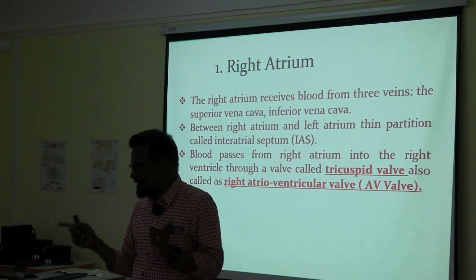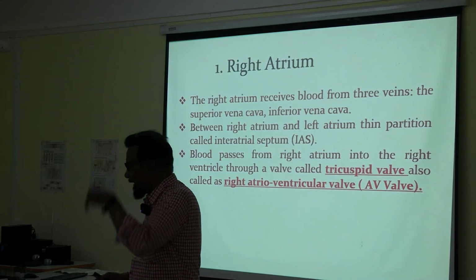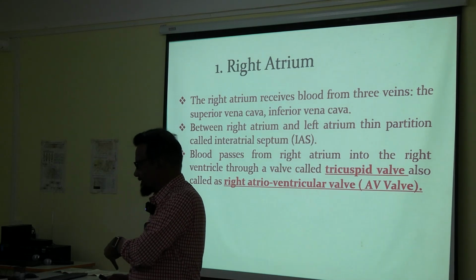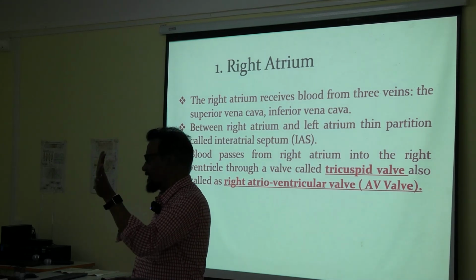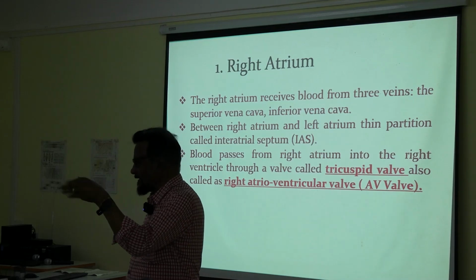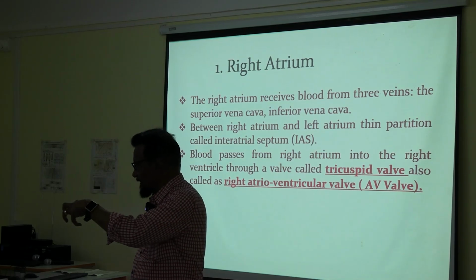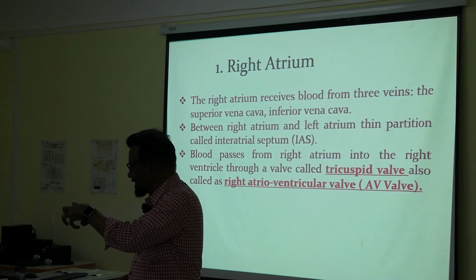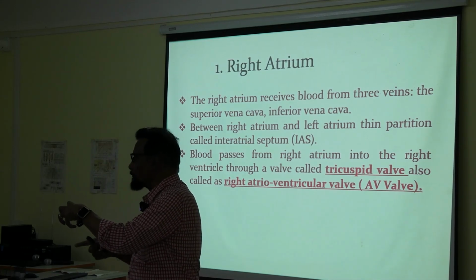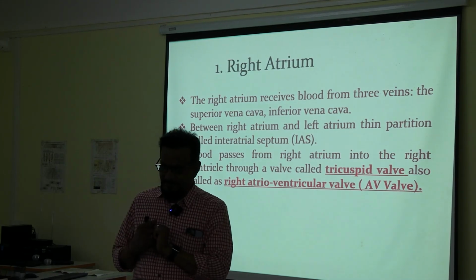These valves allow always one-way movement. There is one-way traffic. In the reverse direction you can't come. Once you entered the atrium, you cannot go back to the veins; you have to go one way only to the ventricles.